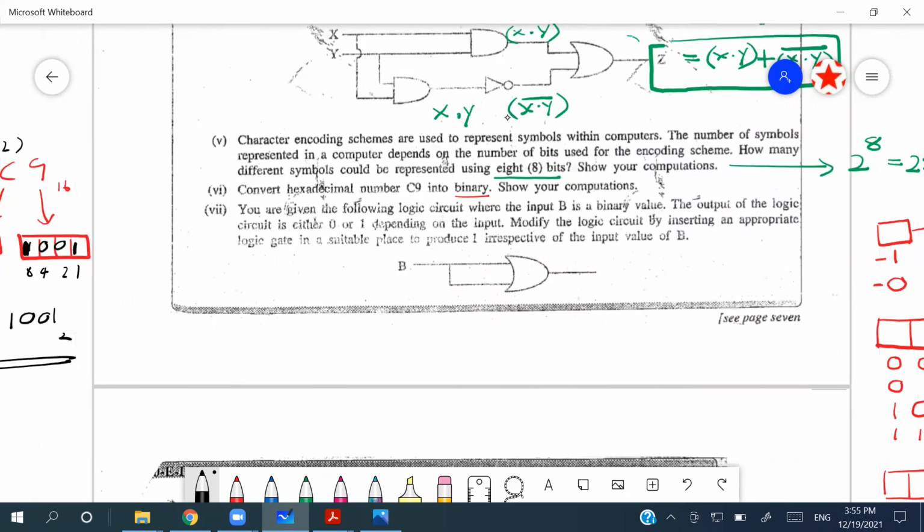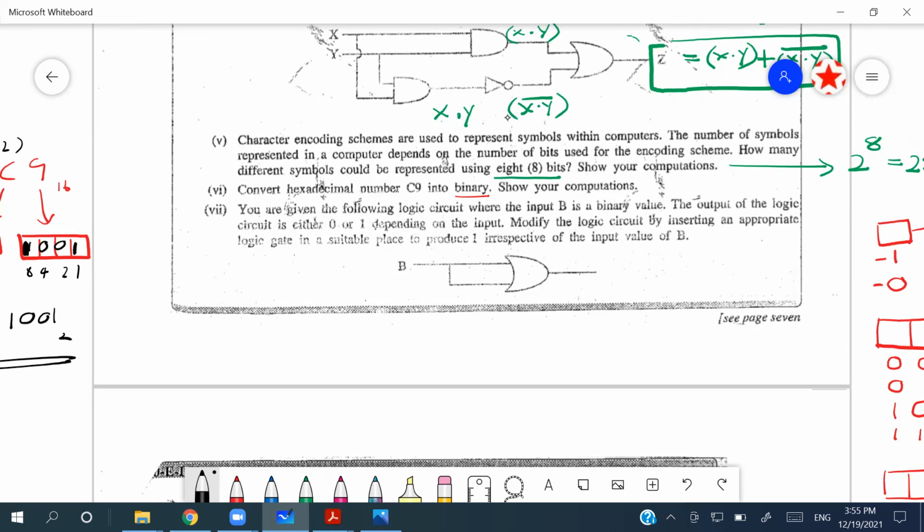The output of the logic circuit is either a 0 or 1, depending on the input. Modify the logic circuit by inserting an appropriate logic gate in a suitable place to produce 1, irrespective of the input value of B.